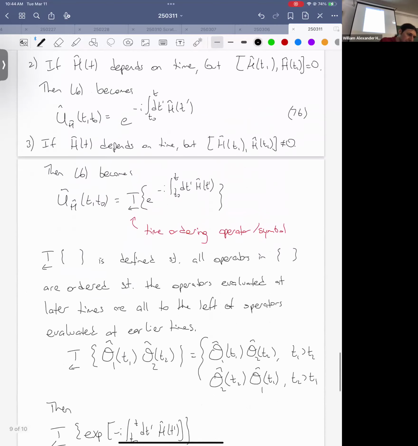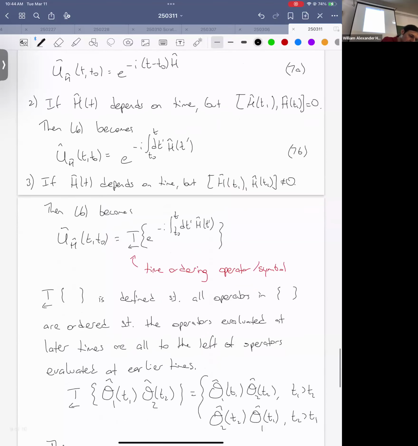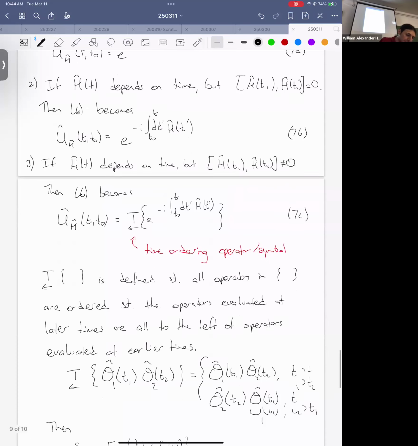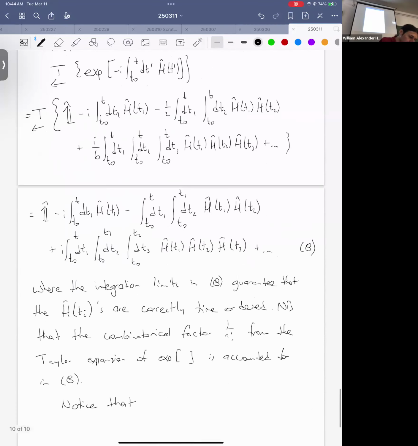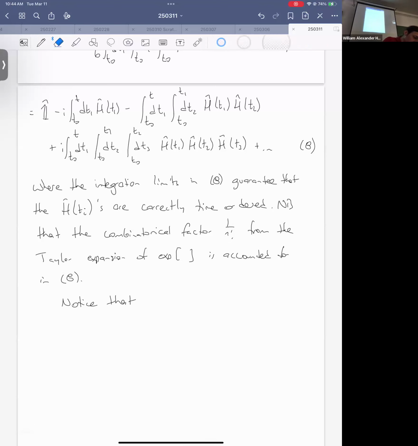So where do I have this? So 7b, and this is called 7c. Notice that 7c and 8 reduce to 7b for H hat of t where H of t1 commutes with H of t2.